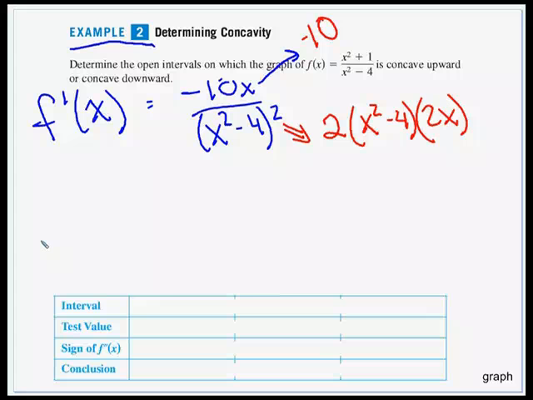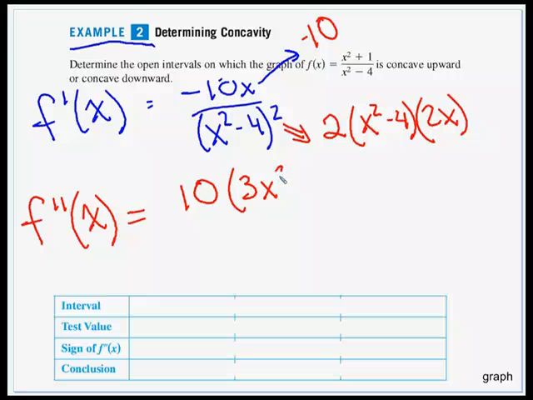We apply all this into the quotient rule yet again, and we get our second derivative, f double prime of x. Once we get all the common terms combined, it's going to look like 10 times the quantity 3x squared plus 4, and our denominator is going to be x squared minus 4 to the third power.